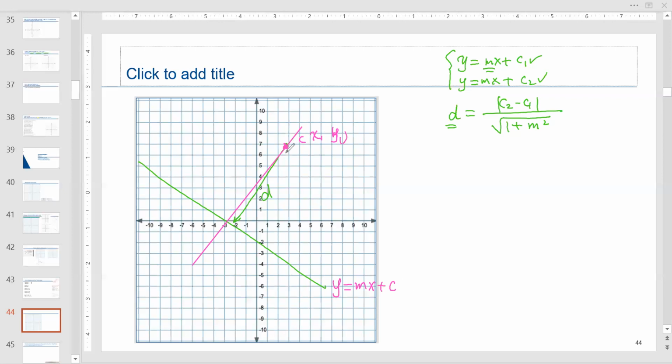We find this dot to a perpendicular line and find their cross point and then find the distance between them, right? That's the logical method. So since we know the distance between two parallel lines, we can use these methods.